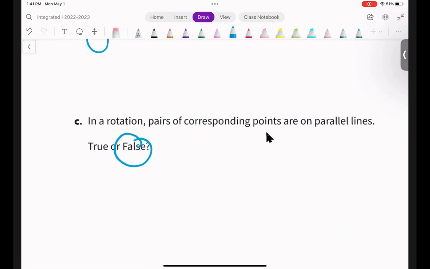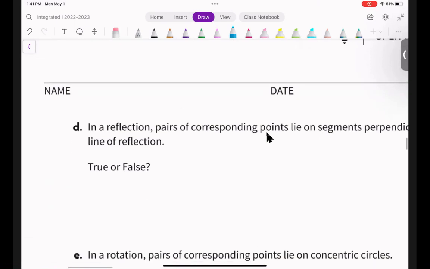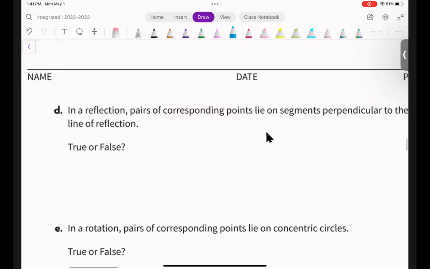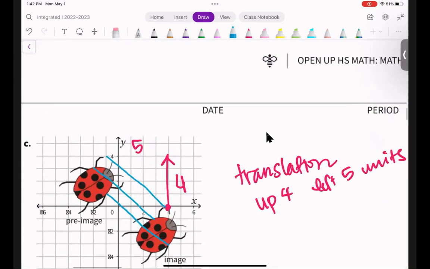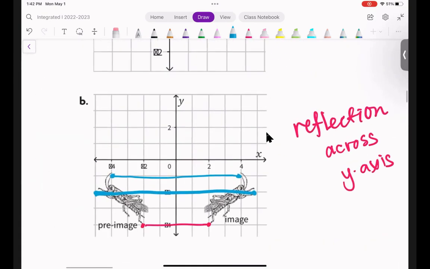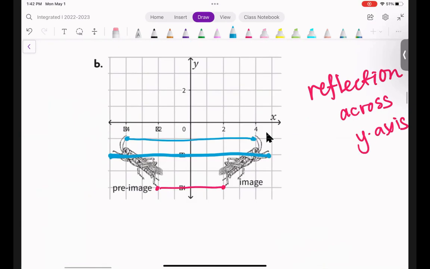Okay. So the last couple ones, it says in a reflection, do the pairs of corresponding points lie on segments that are perpendicular to the line of reflection? So think about my cricket or my grasshopper, not sure what animal that is, or insect. You all told me that my line of reflection was my y-axis.